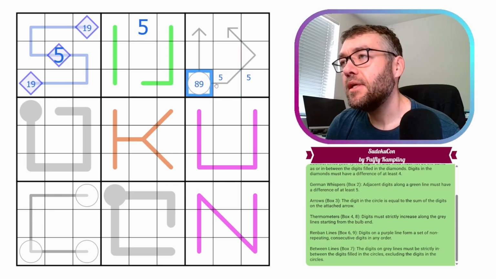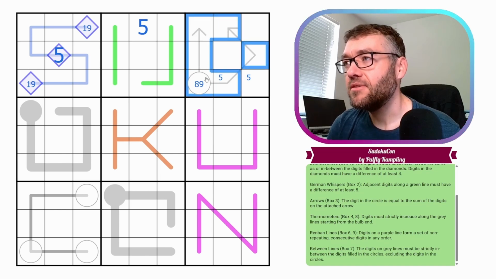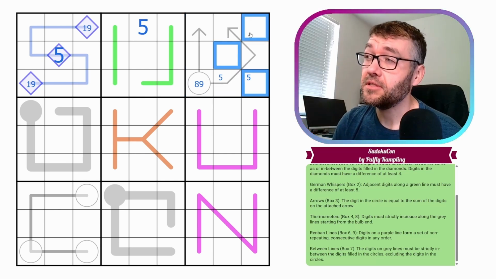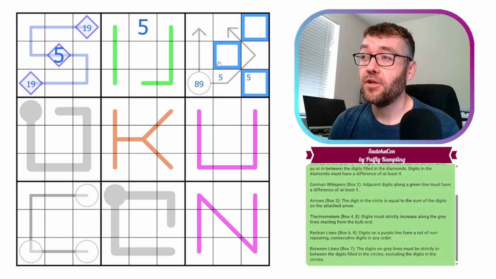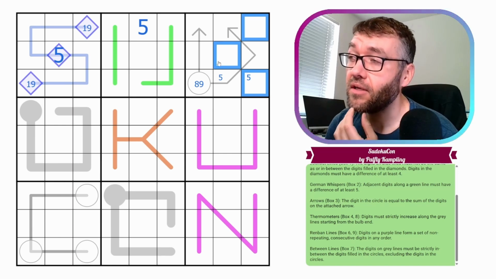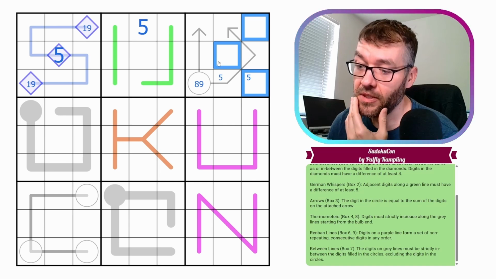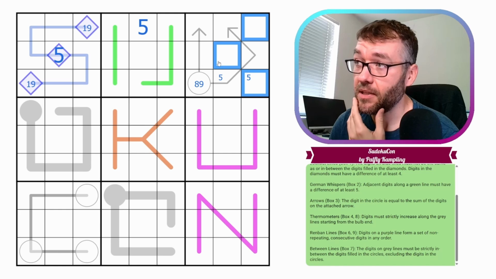So if this was an 8, these would add to 8, these would add to 8, and this would be 8. So that would be 8 times 3, which is 24, and these 3 digits would have to be 21, because the entire box is 45, if you add all the numbers together. How do you get to 21 in 3 digits, without a 9 or an 8, depending on which one it is?